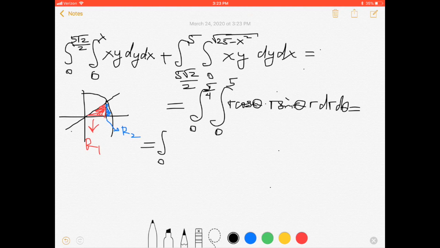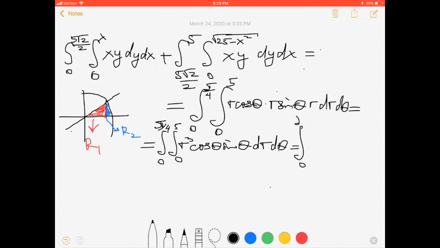It will be the integral from 0 to pi over 4, integral from 0 to 5, of r cubed cosine theta sine theta dr d theta. It will be the integral from 0 to pi over 4.